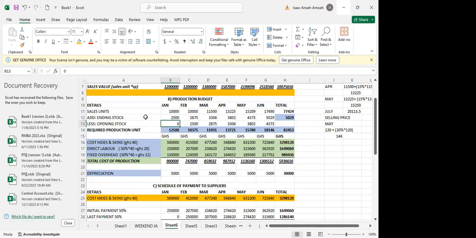So if this business has existed before, then we could also have computed ending stock for December. We could have estimated the ending stock of December by multiplying 25% by this, and that would have been the opening stock here. But the business hasn't existed before.